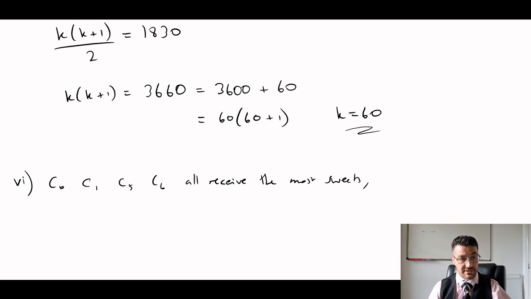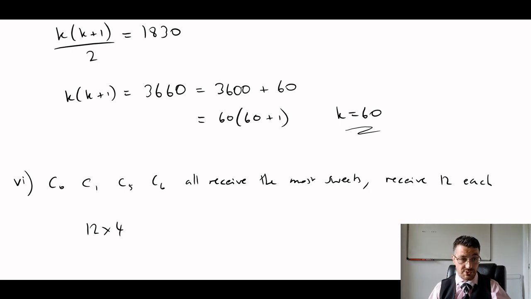And how many do they receive? They receive 12 each. Remember, they got 4 in that first cycle of 20. They got 4 sweets each. So multiply that by 3. They're going to get 12. Okay, and you can check this because if each of these children, C0, C1, C5, C6, received 12 sweets, that's 12 times 4.